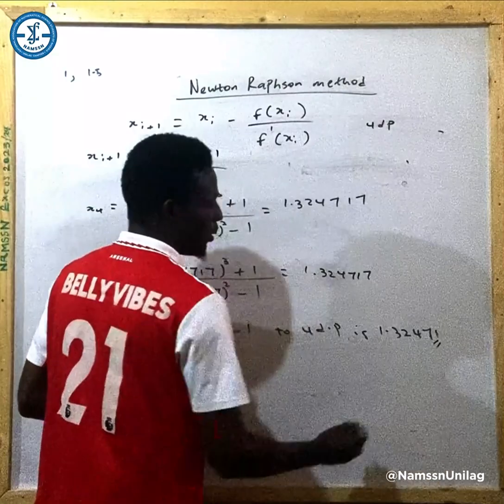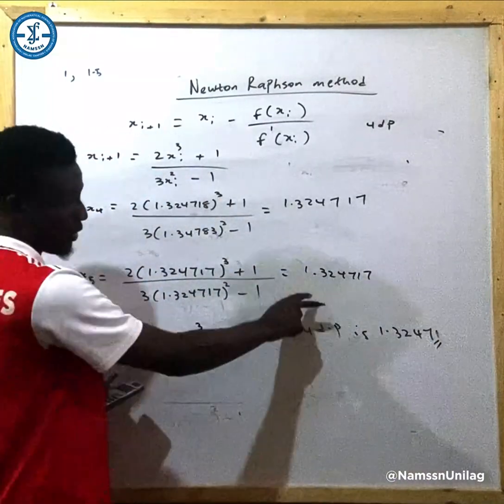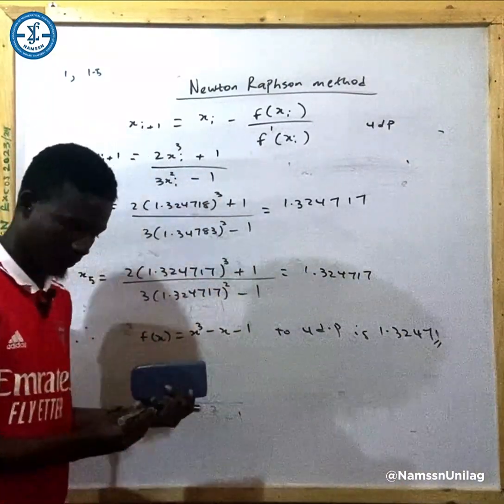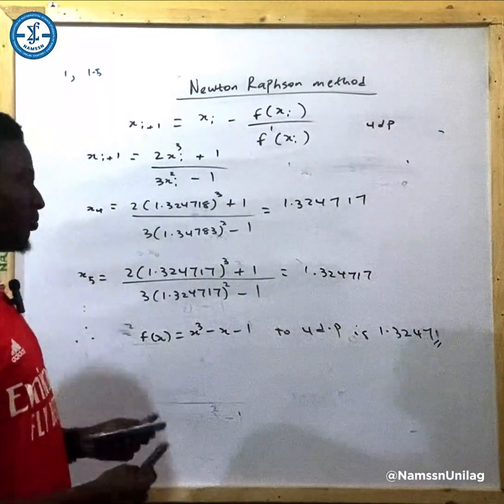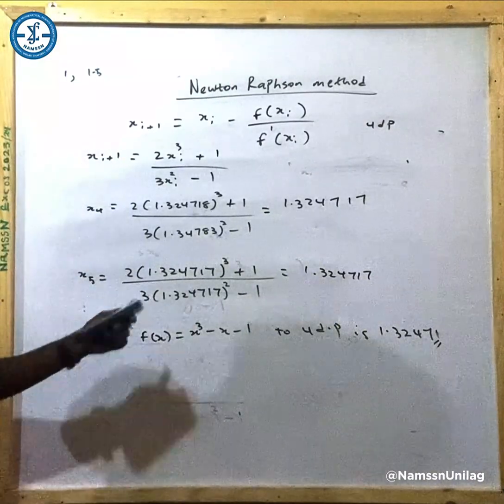So with this, we can say it's converging to 1.3247. And at this point, there's no point iterating again since you'd just be getting the same answers.